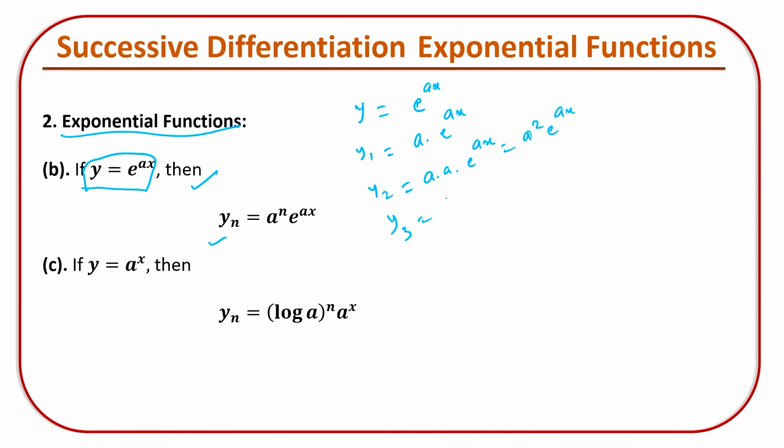Similarly y3 is a square into a e to the power ax, which equals a cube e to the power ax, and so on. So for yn, a to the power n minus 1 into a into e to the power ax equals a to the power n e to the power ax, right?